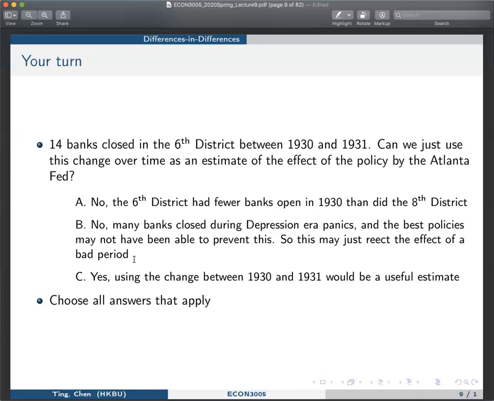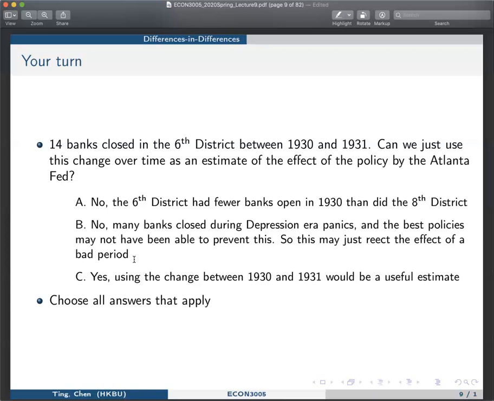That is, you encounter this economic crisis, this banking crisis. And then because the 6th district is under the Atlanta Fed, they receive the reserve money from the Federal Reserve. So you also have this Federal Reserve effect, the central bank's effect.